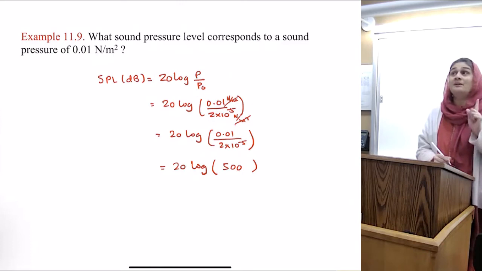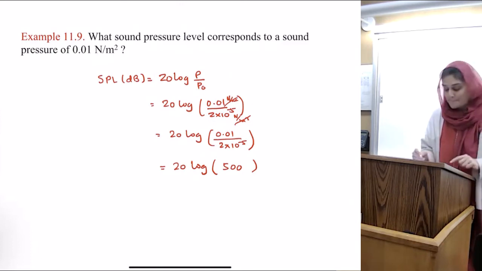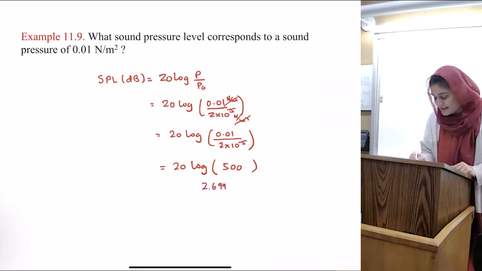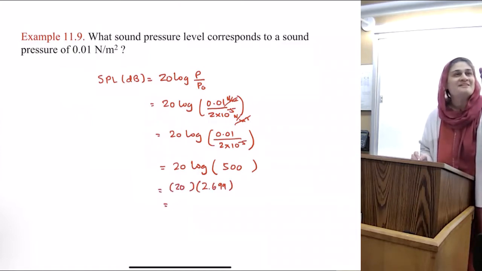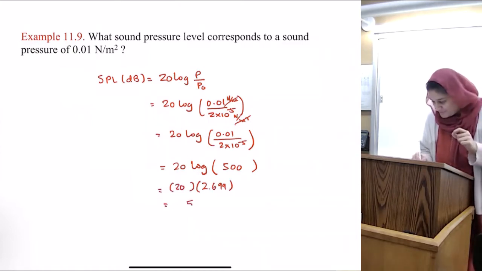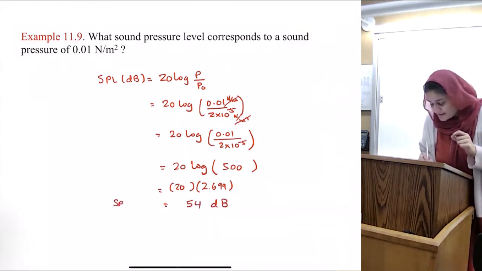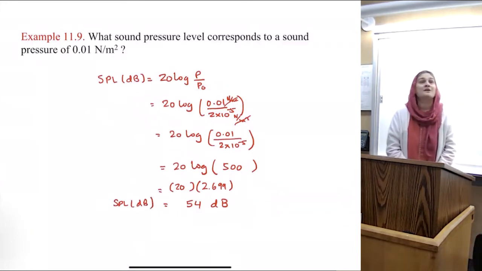Use the log one, not the ln one. 2.699 times 20 gives you, you said 50 something, right? Like 54. And you add decibels because we had to come up with a unit for it, and they just decided to call them decibels.